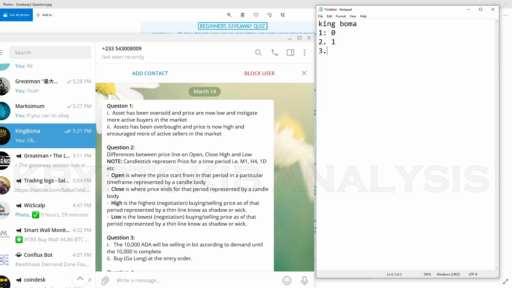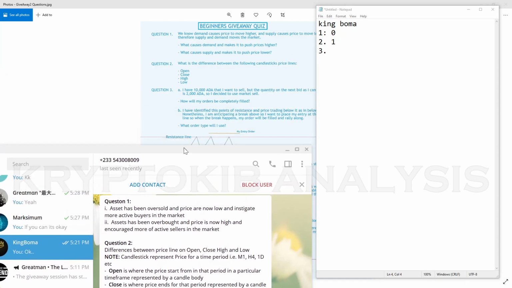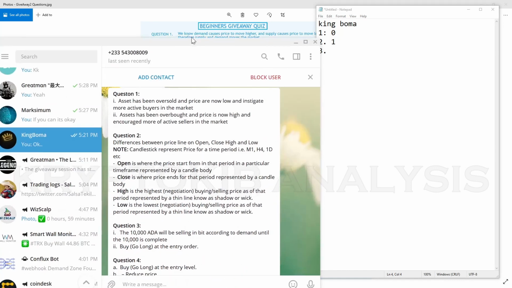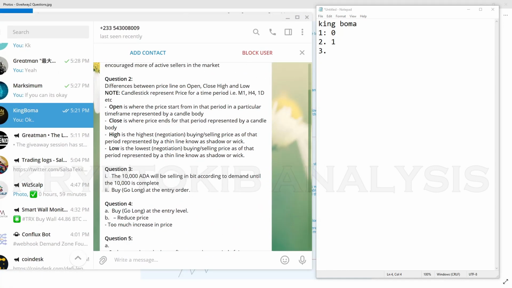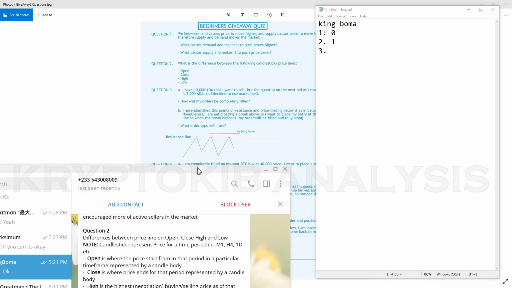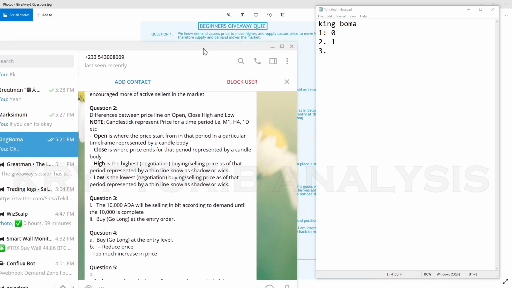So the third question here, what is the third question again? Okay, I have ADA, how will my orders be completely filled? The 10,000 ADA will be sold in bits according to demand until the 10,000 is complete. So is that correct? Okay, so the first one he has 0.5.